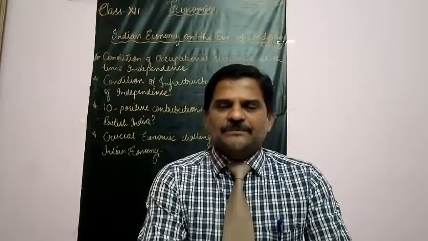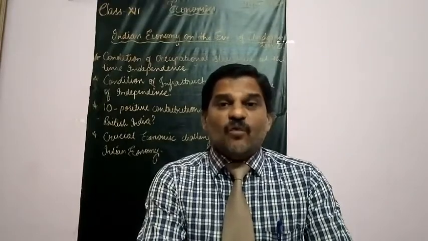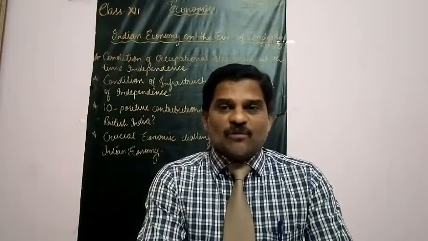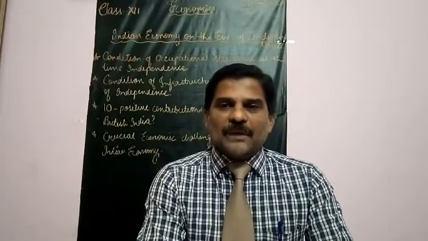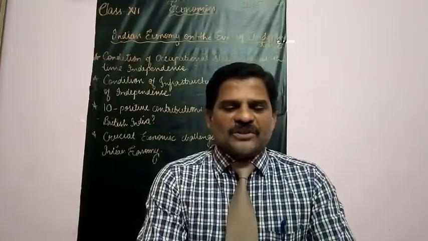I repeat, it refers to the distribution of only the working population across the three sectors, namely the primary sector, the secondary sector and the tertiary sector of the economy. So that is called occupational structure.